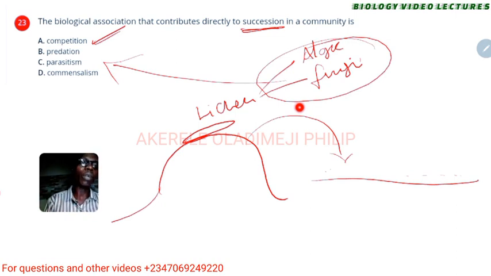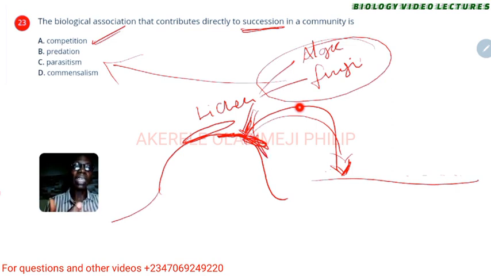Now, the funny thing is that when lichen breaks this down, not totally to soil, please, but to a little level whereby a little soil is formed, some other plants that are a bit adapted to a little soil come up there. After some years, they also die and create more manure on the surface of the rock, breaking it down a little, and other plants come.